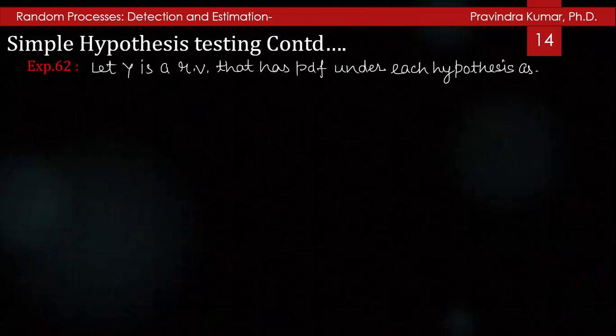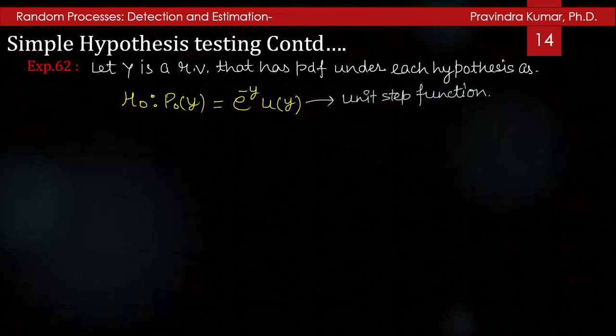Now let us consider an example. Let y be a random variable that has a PDF under each hypothesis. Under hypothesis H0, P0(y) has the PDF e to the power minus y times u(y). Here u(y) is the unit step function.